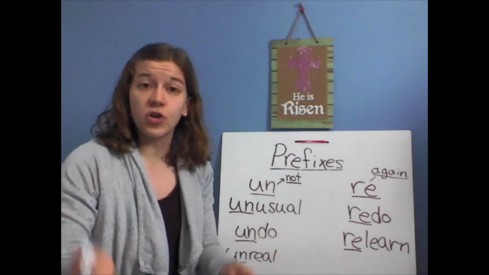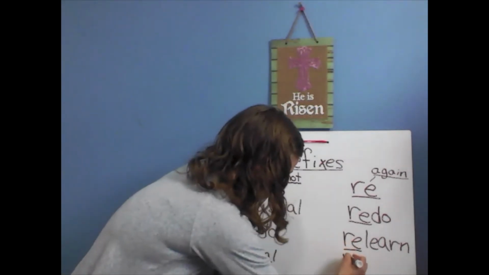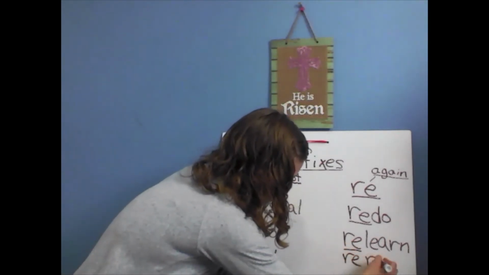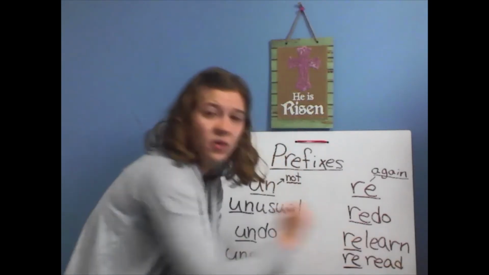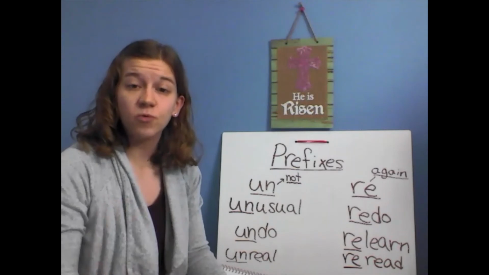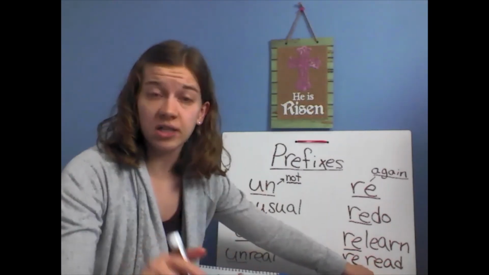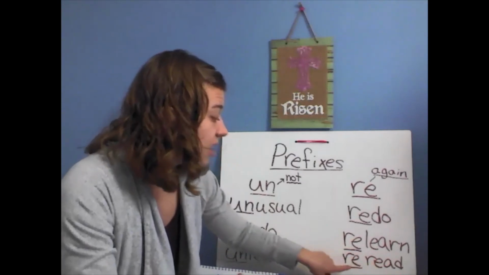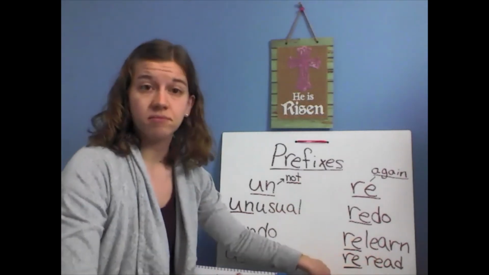So that's to learn again. And then one more. How about reread? Reread. That means read is our base word because it's a word all on its own. That means to read again. Re is again, so it's read again.